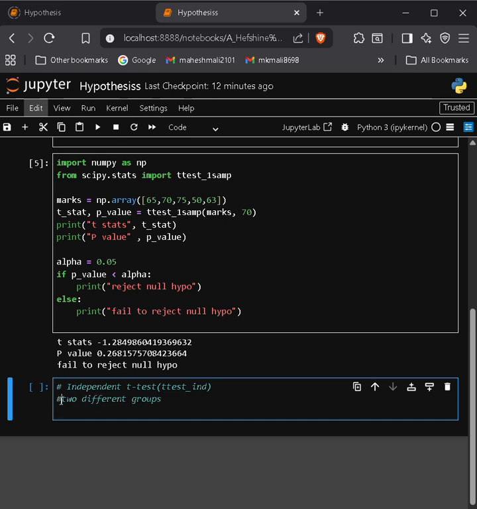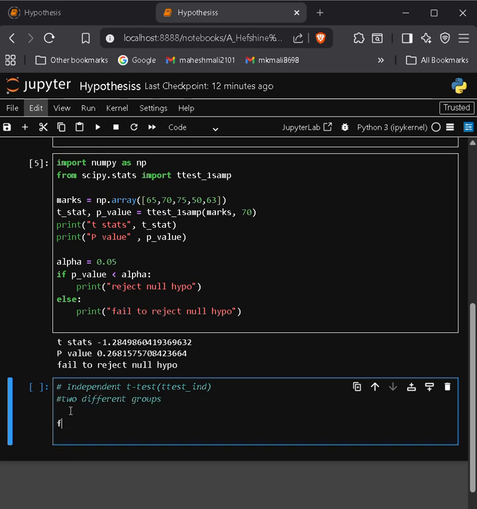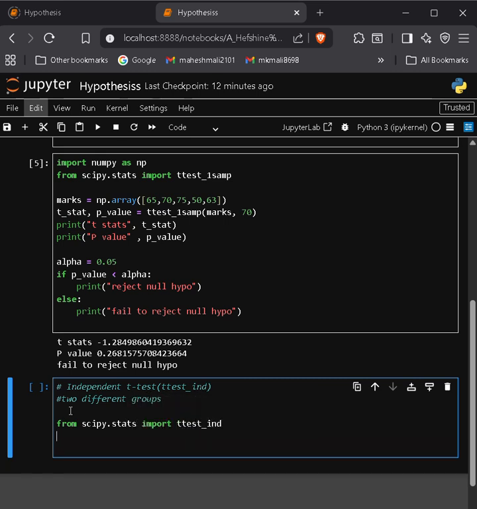We simply import libraries from scipy.stats import ttest_ind.